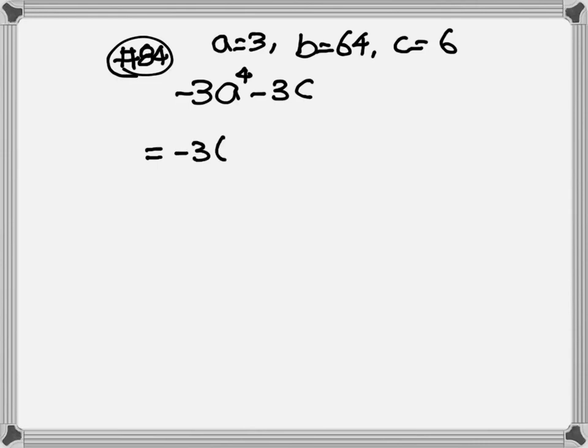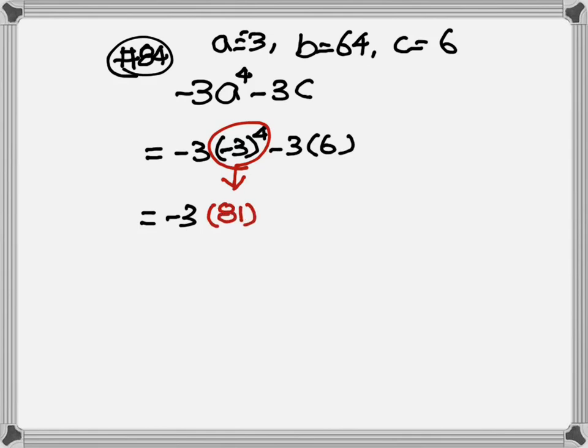A is negative 3, so I put negative 3 for a to the fourth power, minus 3, and c is 6. Keep the negative 3. Now we work on negative 3 to the fourth power. If you use your calculator, it's negative 3 times negative 3 times negative 3 times negative 3, which gives you a positive 81.